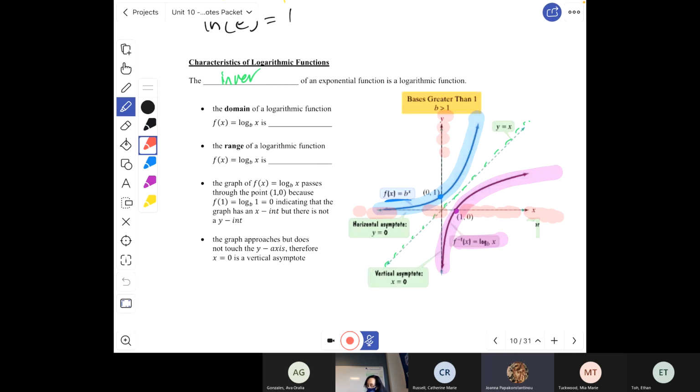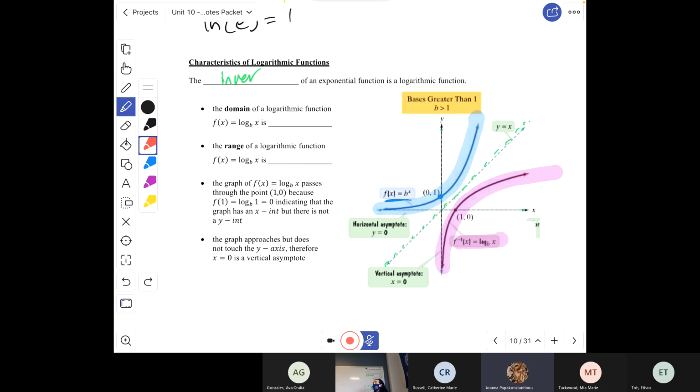It is a vertical asymptote for the logarithmic function. So that's why putting all these together is so important in understanding the relationship between a function and its inverse.